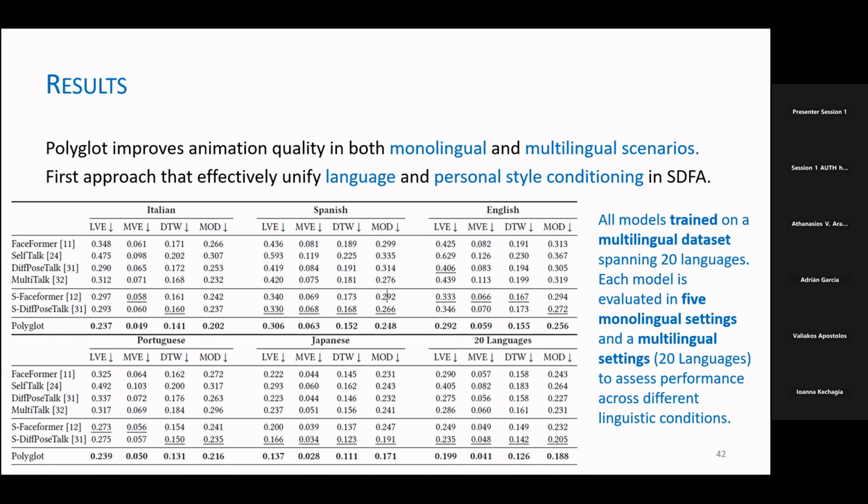So an error computed just on the lips, on the overall face, using also dynamic time warping to evaluate the synchronization between the generated sequence and the reference one, and also a measure that accounts for the mouth opening. That is basically a measure that accounts for the maximum opening of the mouth.